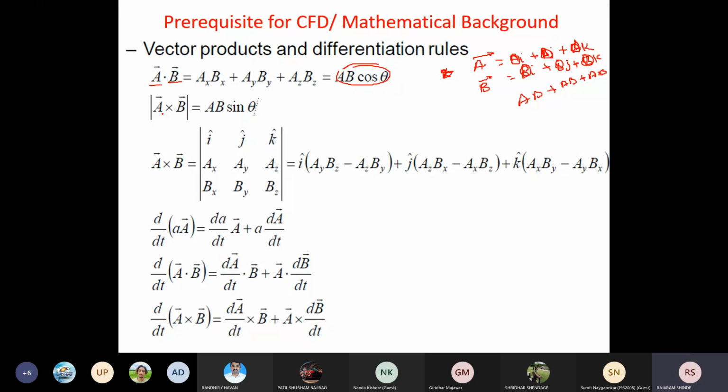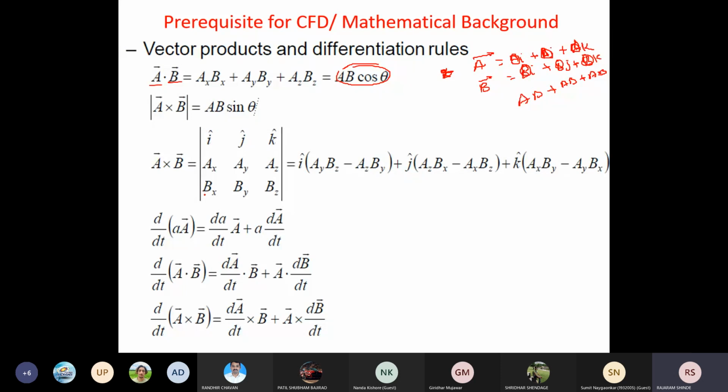So here, for deriving the governing equations, both products are required. The cross product is ab sin theta, and this cross product we write as the determinant of the matrix formed by these constants. This is i, j, k. These are the unit vectors. It is i hat, j hat, k hat. The i hat means the unit vector in the x direction. This is in the y direction. This is in the z direction.